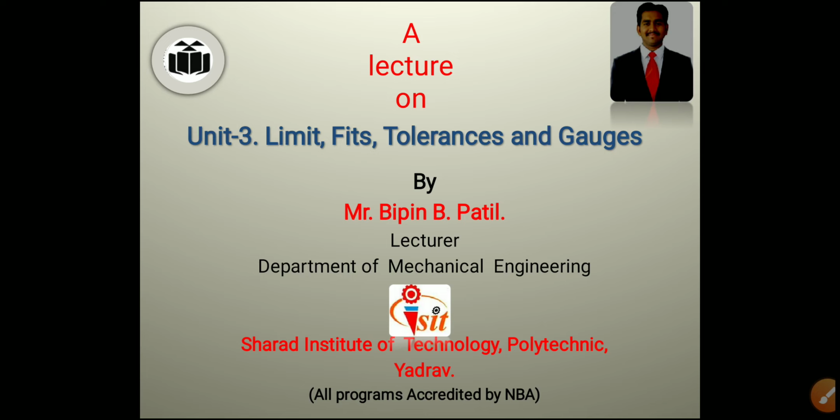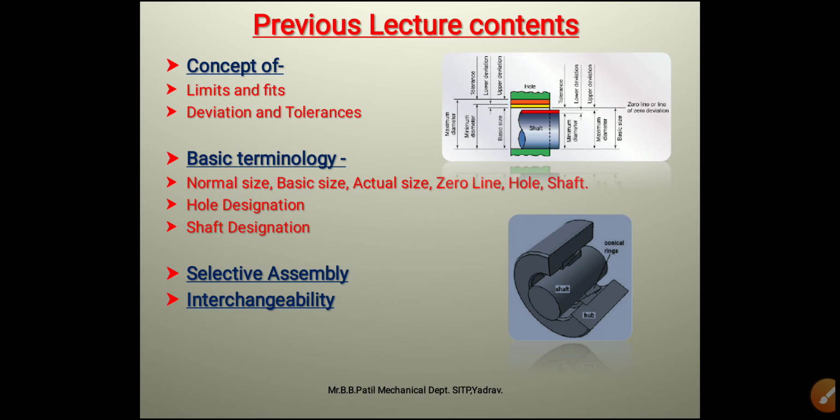So what we have learned in the previous lecture, let us take a glance at the previous lecture content. In the previous lecture we studied the concept of limit, fit and their definitions. We studied deviation and tolerances, the definition of both.